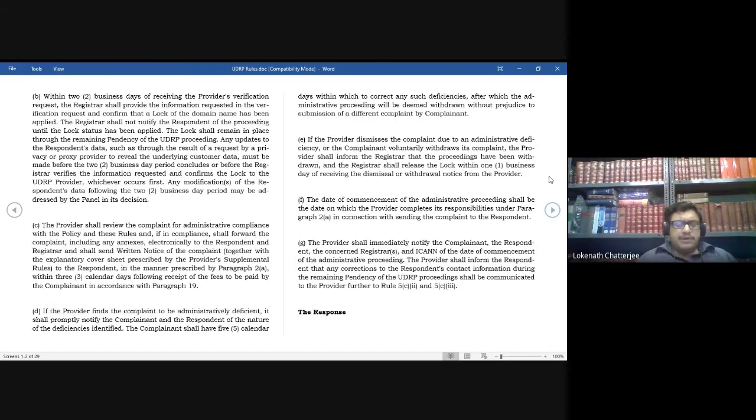Now, if you see D, administratively deficient, it is if there are any defects in the format and matter.